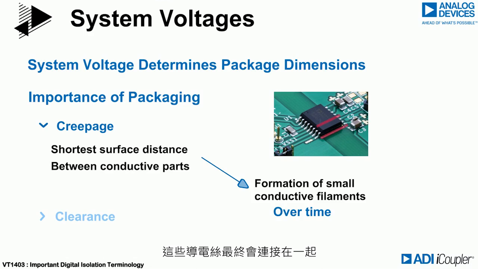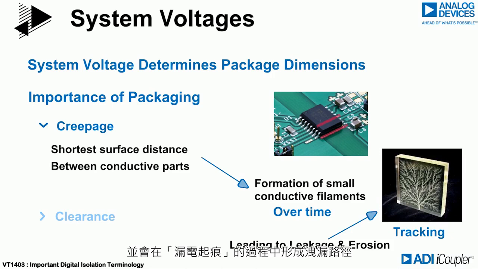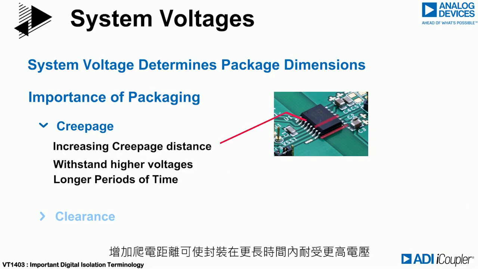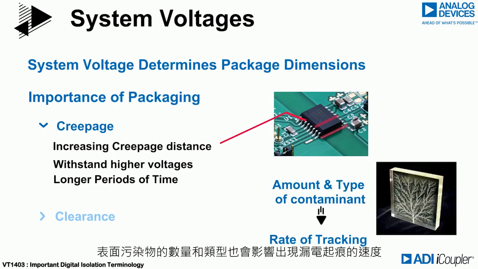These filaments eventually join together and will produce a leakage path in a process known as tracking. Increasing the creepage distance allows the package to withstand higher voltages for longer periods of time. The amount and type of contamination present on the surface will also impact how rapidly tracking occurs.